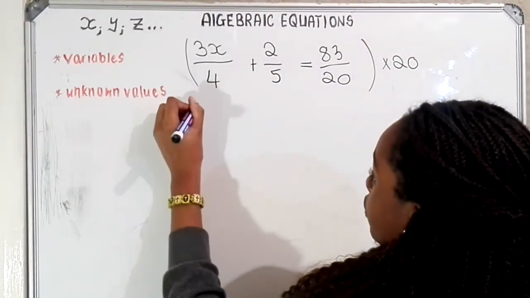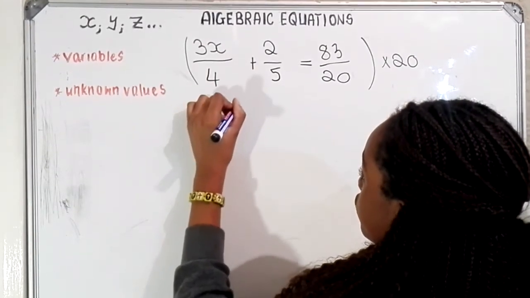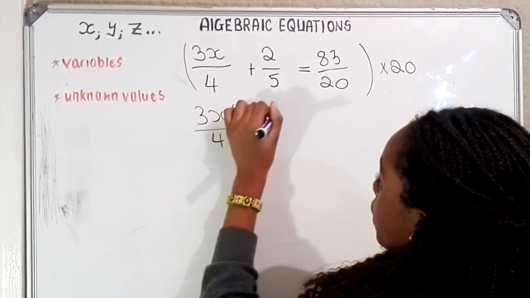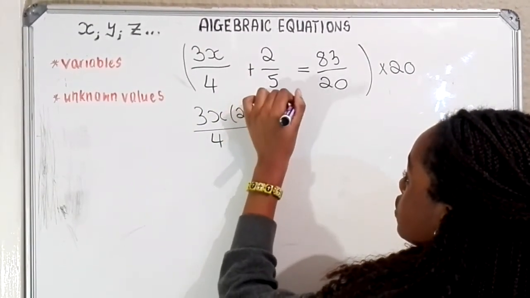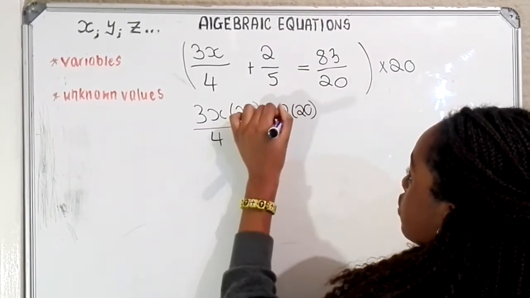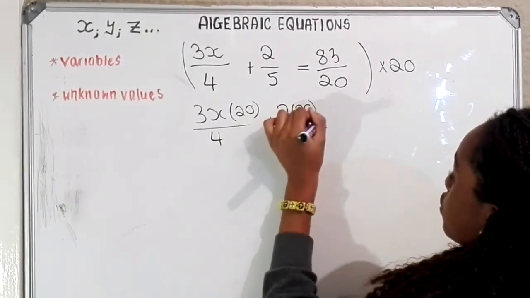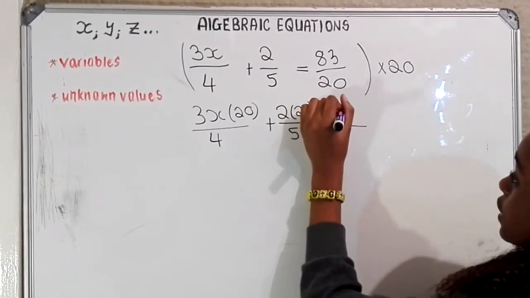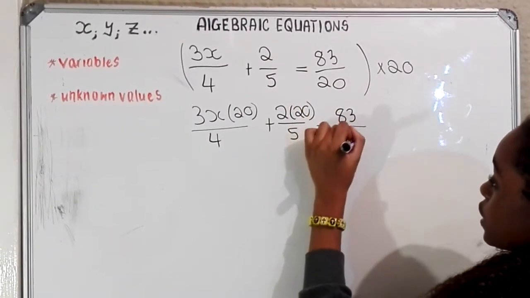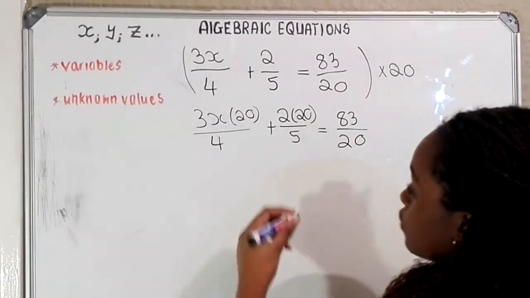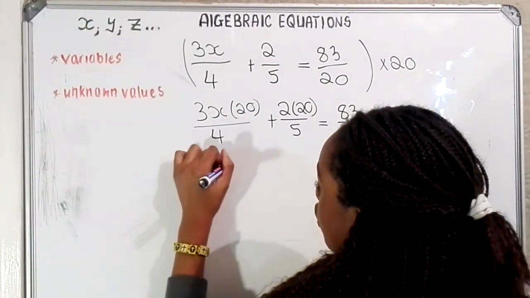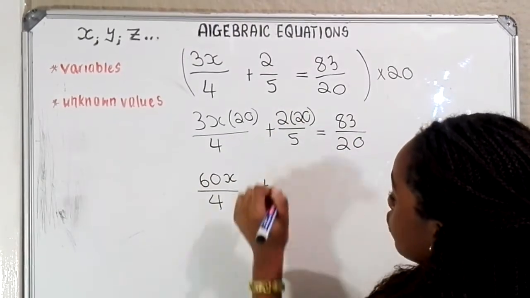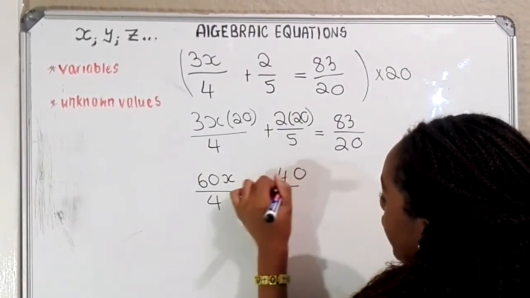So it's going to be 3x over 20, times 20 over 4 plus 2 times 20 over 5 is equal to... we don't do it to 83 since it already has 20 as a denominator, so I'll leave it the way it is, so it's 83 over 20, okay? 3x times 20 gives me 60x over 4. 2 times 20 is equal to 40 over 5.